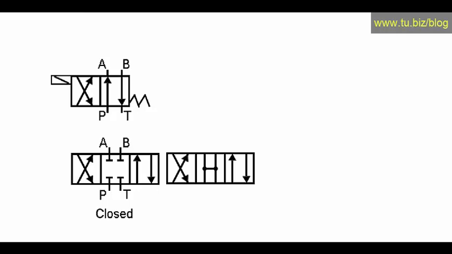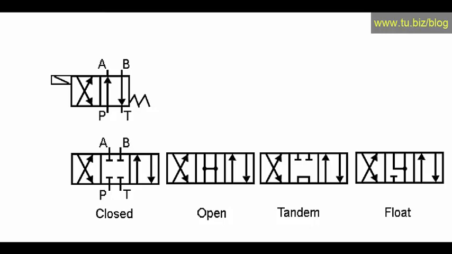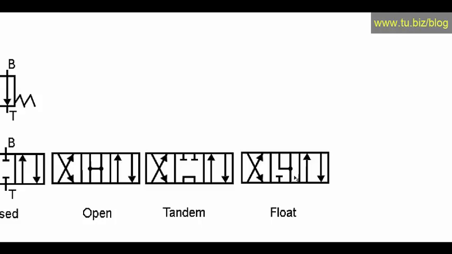The following valve, we have an open center valve in which P, T, A and B are all connected. Once again, a three-position four-way valve with an open center. Following valve, we have a tandem center in which P and T are connected. We go to the following valve, and we have a float center valve in which A and B are connected to the reservoir and pressure is closed.